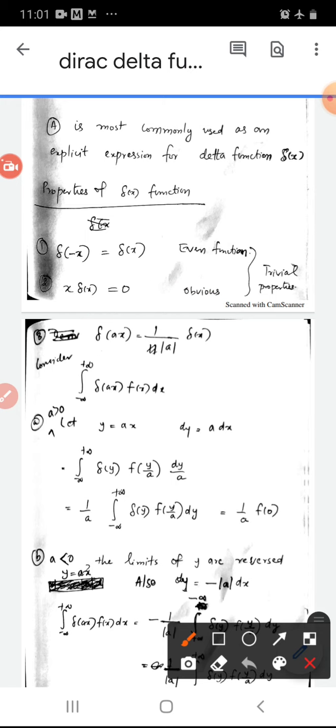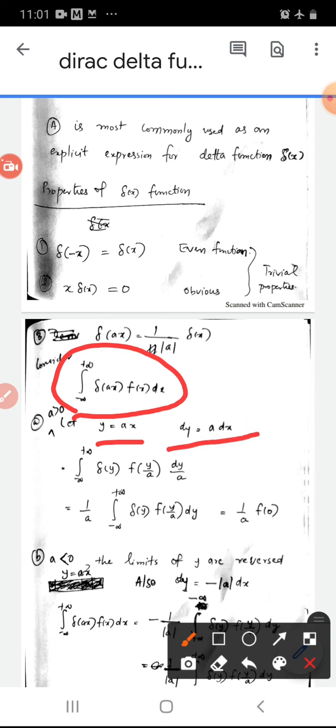Consider integral minus infinity to plus infinity delta ax f of x dx. Here let me put y equal to ax. Then dy will be a dx.